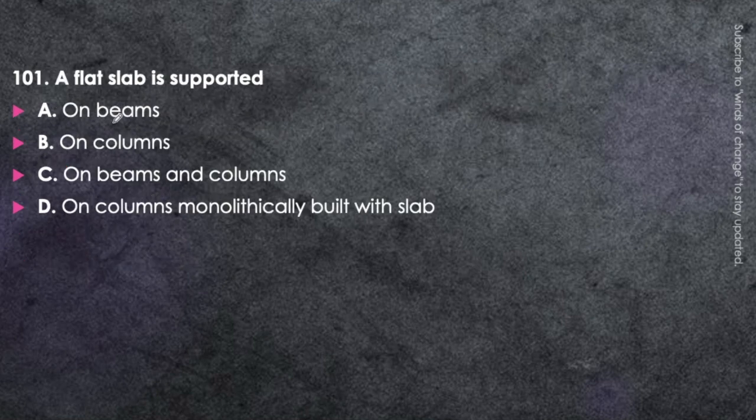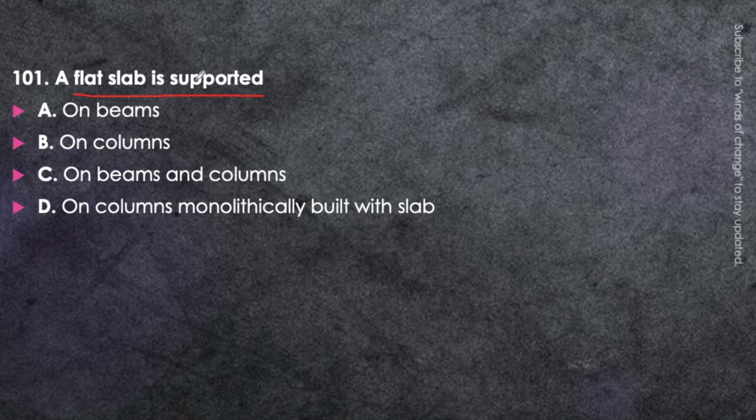Next question. A flat slab is supported on beams, on columns, on beams and columns, on columns monolithically built with slab. Just think about it. Definition of flat slab. What does it define? Usually the slab is provided with a mixture of beams and columns.